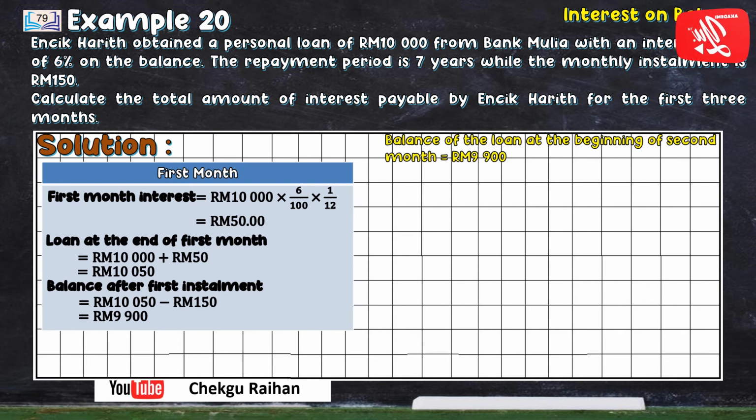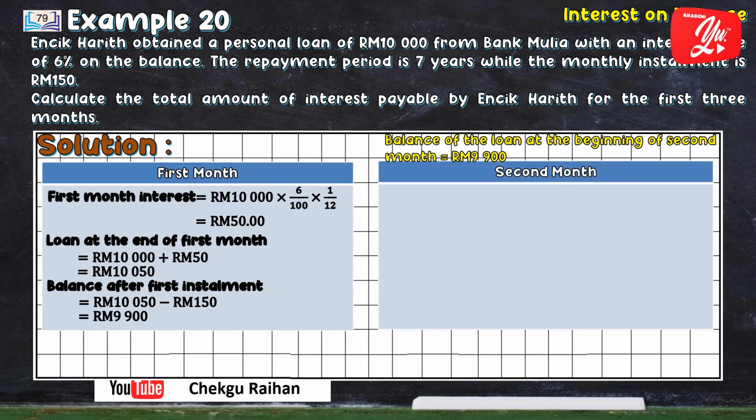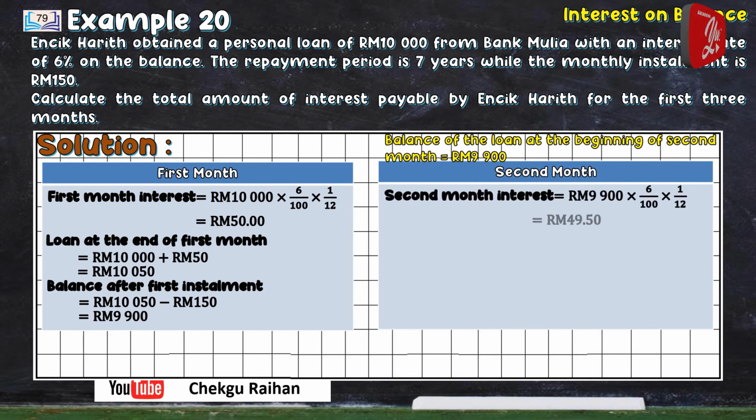Balance of the loan at the beginning of second month is equal to Ringgit Malaysia 9,900. The calculation for the second month interest will equal to Ringgit Malaysia 49 ringgit and 50 cents.